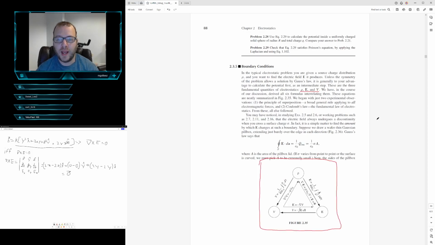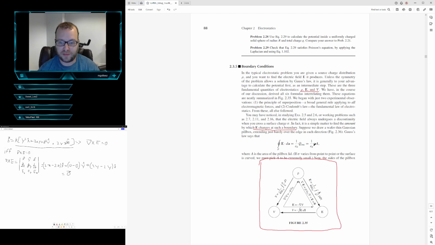So now let's look at what happens if there's a discontinuity on the surface. You see that E changes along a boundary with a charge distribution. So we're going to draw a Gaussian pillbox, which is just a rectangular prism around a surface.